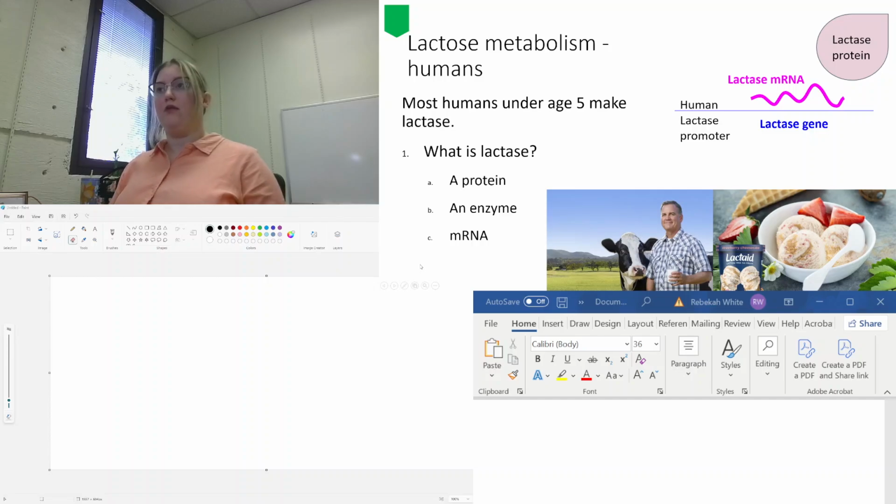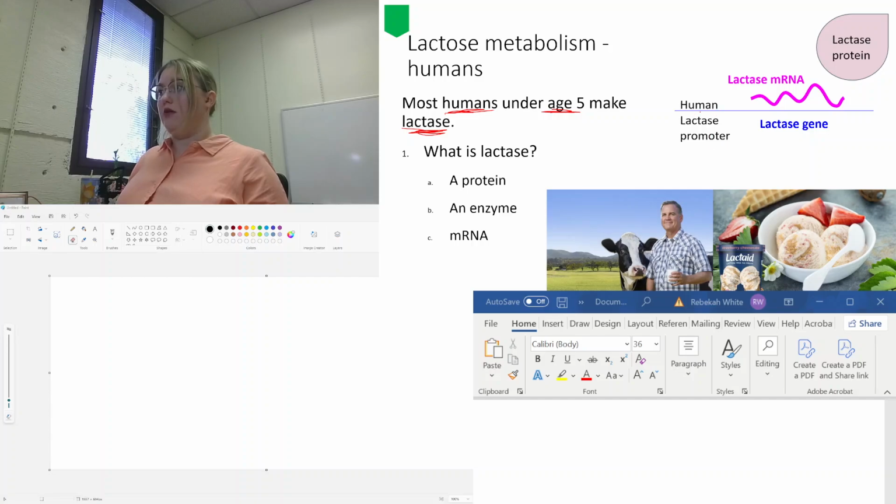Humans, when they are young, are able to digest lactose, like most mammals. Humans under age 5 can make their own lactase, right? So humans have a gene for lactase, and it has this promoter.